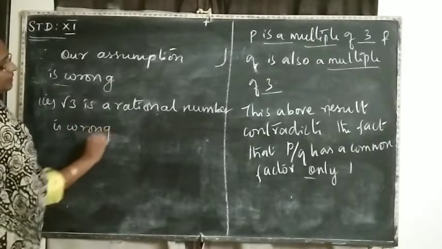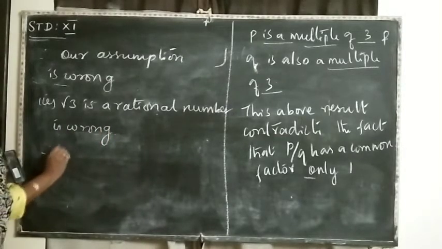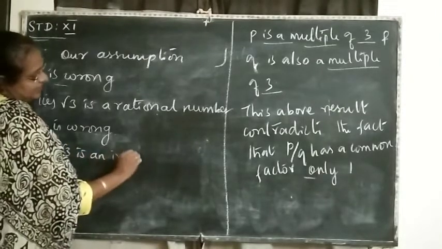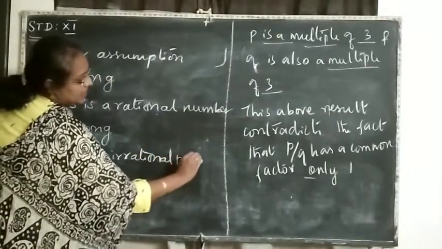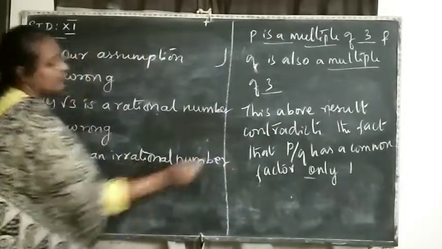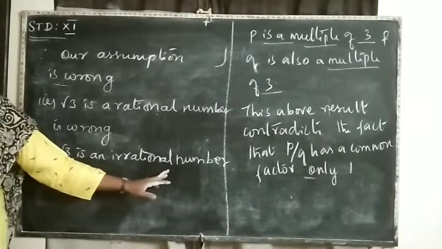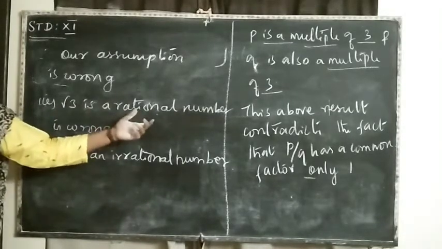Yes or no? Therefore, we can conclude root 3 is an irrational number. Do you agree? So we have concluded a proof that root 3 is an irrational number by assuming that root 3 is a rational number.